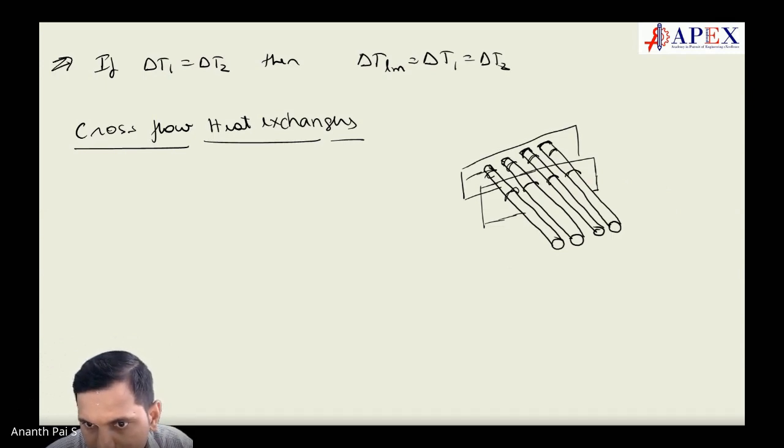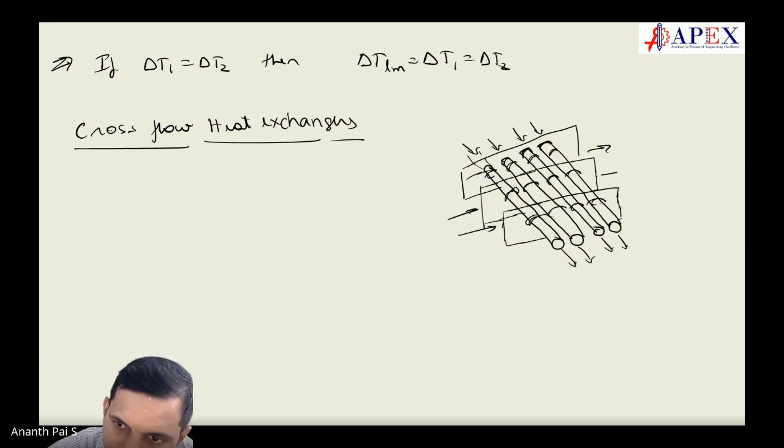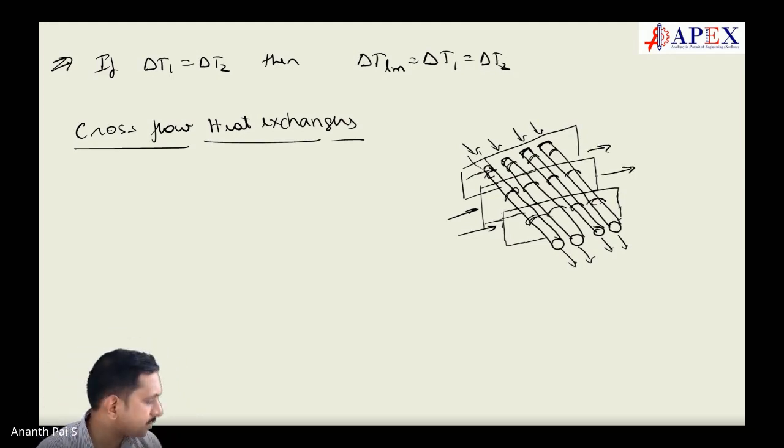And the flow is happening here. And then here there is a flow. This is one of the examples of cross flow heat exchangers, is it not?